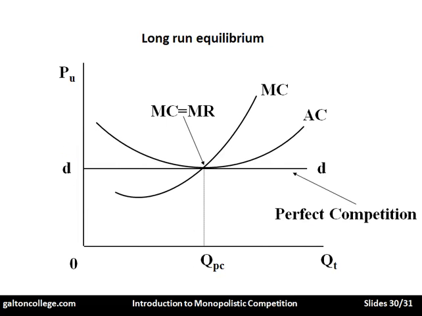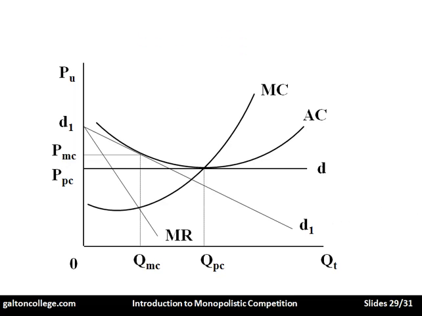And the long run equilibrium, well, if we go back to the previous diagram, we see that the demand curve under monopolistic competition is D1, and it's downward sloping, but the degree of difference will erode over time.